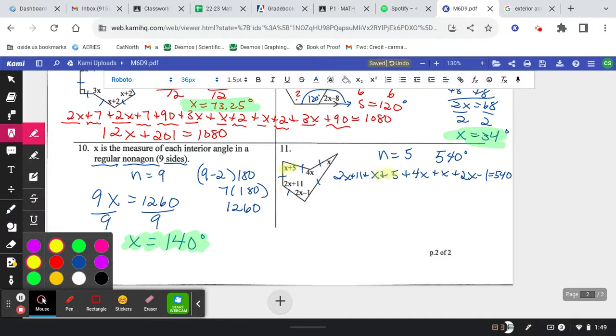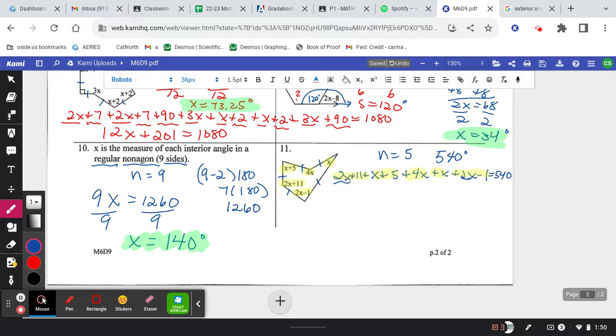Combine like terms, I've got 2, 3, 4, 5, 6, 7, 8, 9, 10 x's. Then I've got 11 plus 5 is 16. 16 minus 1 is 15.